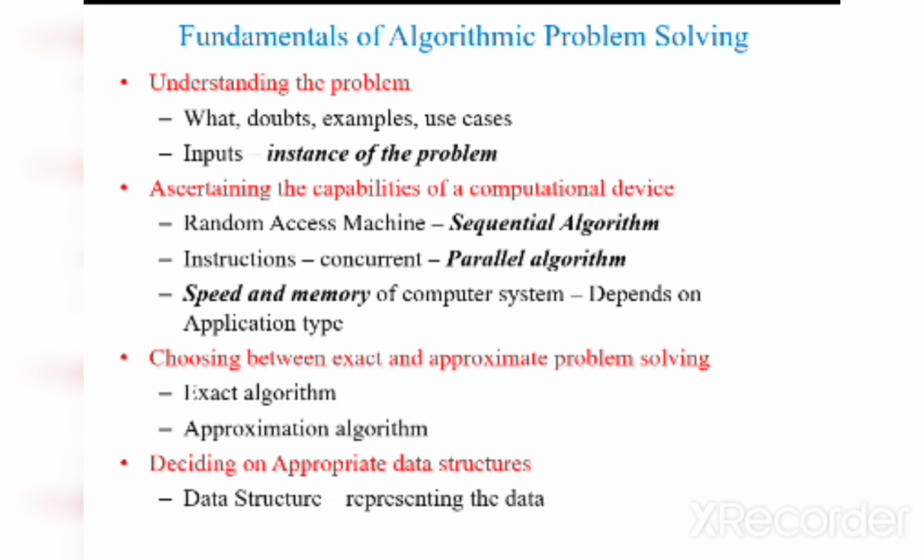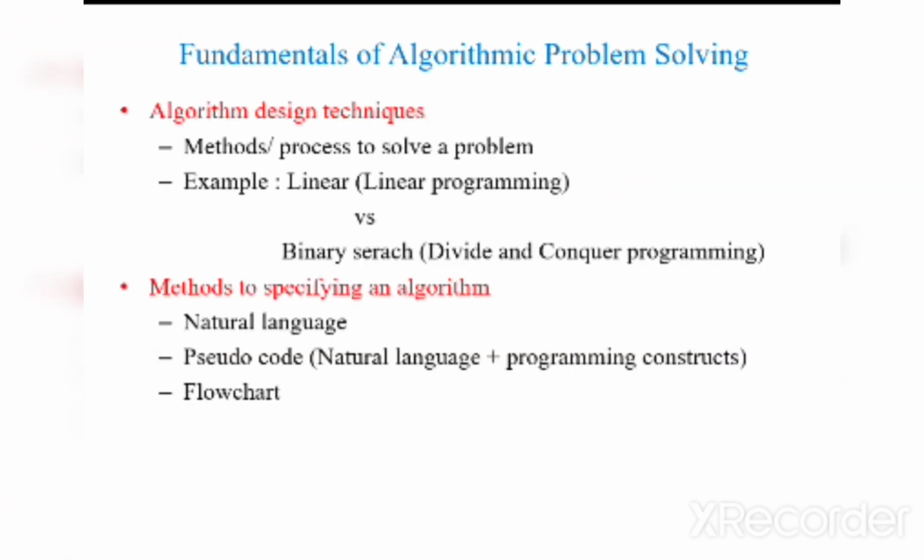The fourth step is deciding on appropriate data structure. Next, we have to choose the appropriate data structure based on the problem. So next one, algorithm design techniques. So we have to choose the methods or process to solve a problem. For example, linear programming or binary search.